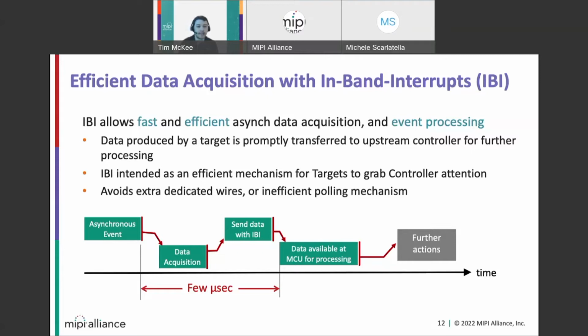The host can then say, okay, give me that data, and the data can be exchanged without the traditional inefficient polling mechanism. So the IBIs have been a great addition into our features here for I3C.